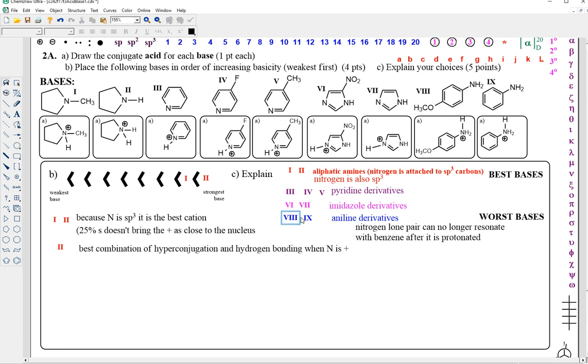So now we're choosing between 8 and 9 for worst and second worst. The OCH3 has a lone pair in 8.